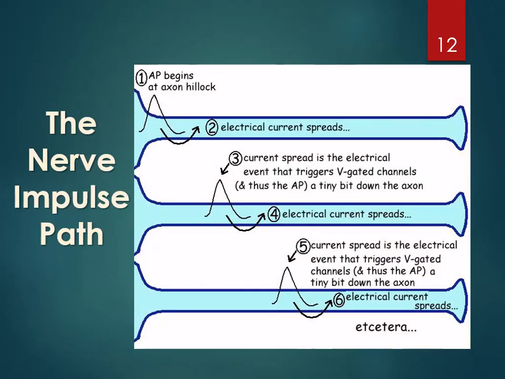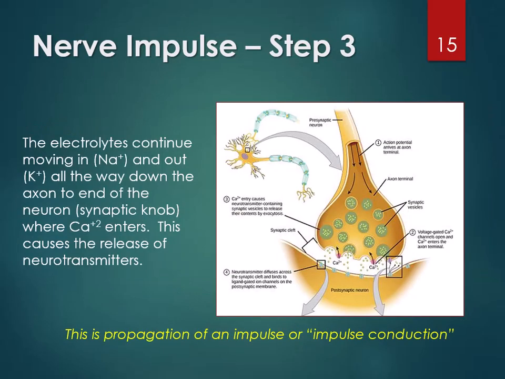So if you remember this picture here, you go from 2 to 3 to 4 to 5 to 6 here. The sodium rushes in, potassium out, sodium in, potassium out, sodium in, potassium out, all the way down to the end. And at the end of the axon is the synaptic knob, and there's neurotransmitters and vesicles waiting there, and that change in charge causes an influx of calcium, which causes the vesicles to merge with the cell membrane and release its contents.